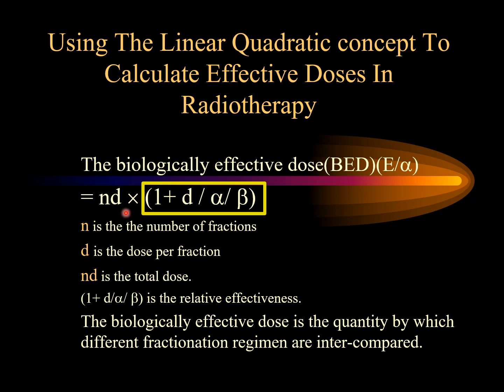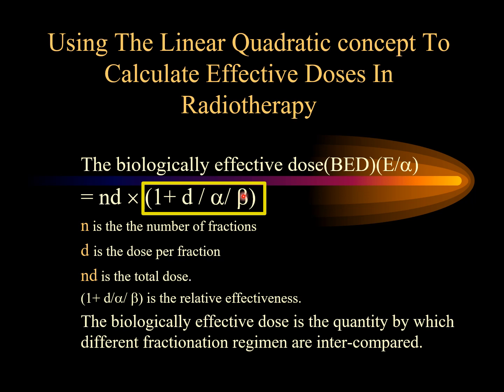This ND will be multiplied by 1 plus D, the dose per fraction, very similar to that, over the alpha beta ratio. And the alpha beta ratio here depends on the tissues you are irradiating. For example, if you want to compare two regimens over a certain type of tissue, you have to know what's the alpha beta ratio of this particular tissue.